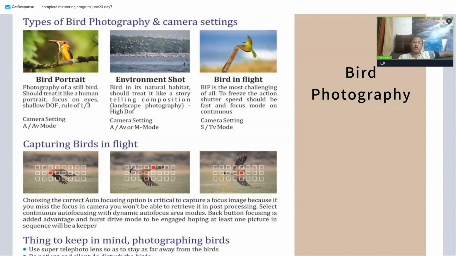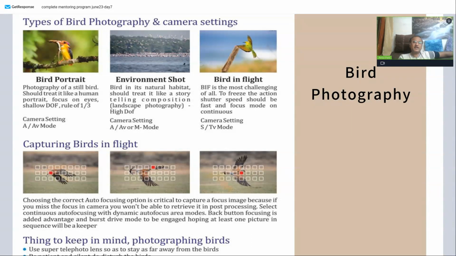You will not find all birds at one single place. So that is very unique about birds. Taking an environment shot is recommended because that gives you an idea of where the bird is, what is the backdrop, what is in the foreground, and stuff like that.